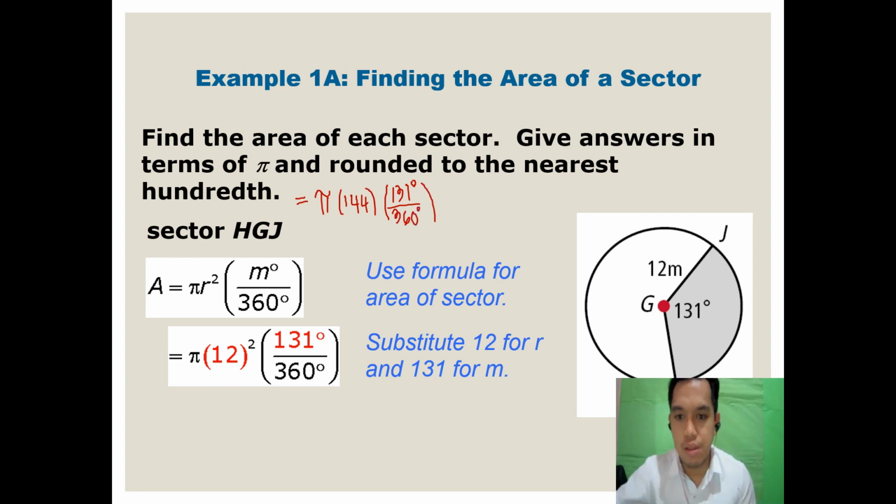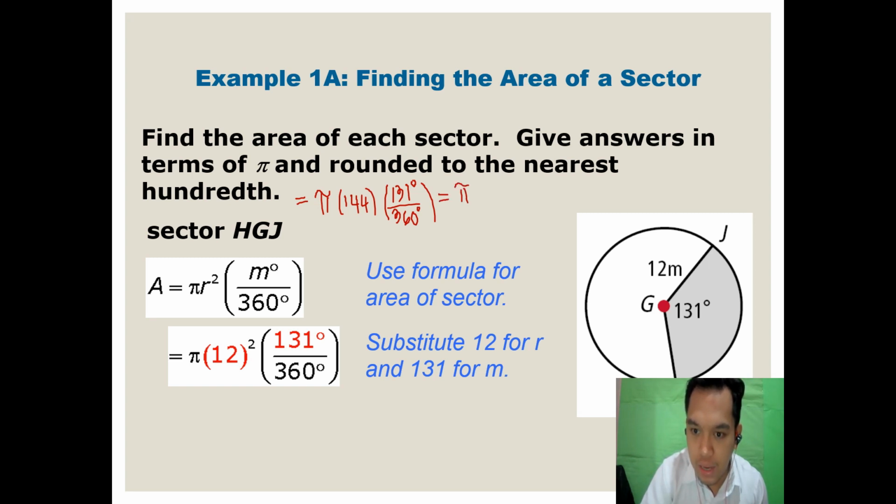Next, the 144, we multiply it by 131. So 144 times 131 is 18,864.